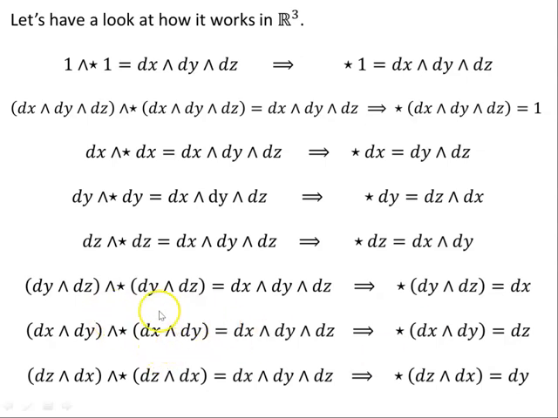If I substitute dz in there, I get the volume form. dz wedge dx, wedge with the star of dz wedge dx is equal to the volume form implies that the star of dz wedge dx is dy. Again, if I put dy in there, and then I make some moves, you'll find I'll end up with the volume form. In fact, if I take this dz here and move it twice, I'll end up getting the volume form here. So that's how they work.